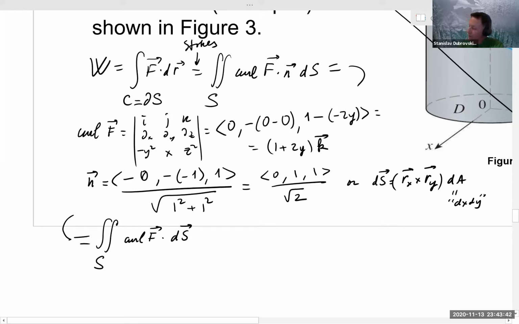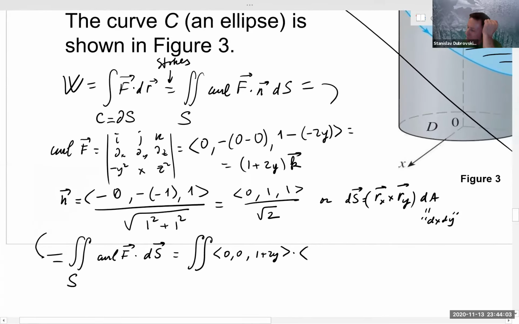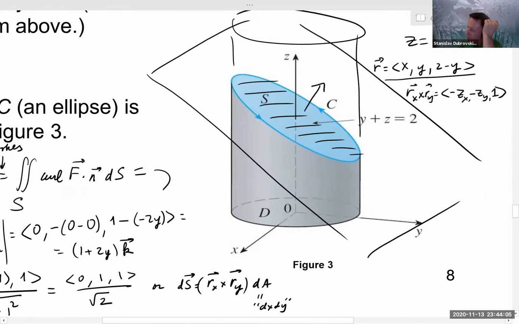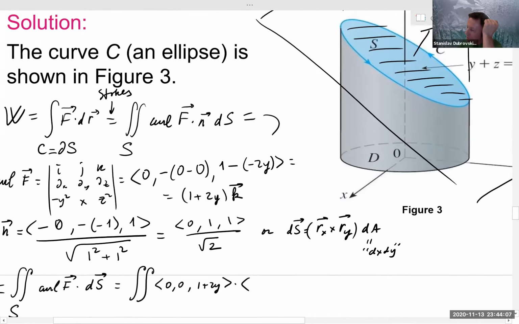So we can just use curl F, 0, 0, 1 plus 2y, dotted with Rx cross Ry, which is minus Zx, minus Zy, and 1.